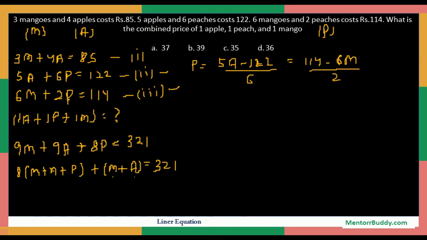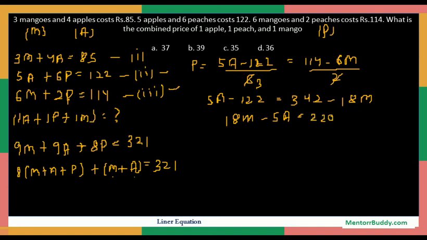Solving this, we get 5A minus 122 is equal to 342 minus 18M. Further solving, this becomes 18M minus 5A is equal to 220. This is another equation between M and A. Let's mark this as the fourth equation.